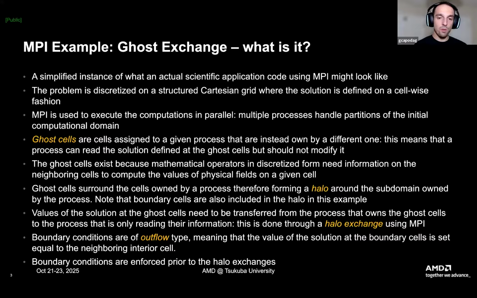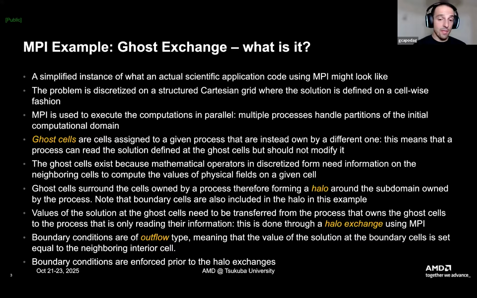Therefore, when we do a parallel run, we have what are normally called ghost cells. These are cells that belong to a different process that a certain process can read. So for a given process that owns a cell at the boundary, the ghost cells are the ones that surround the boundary, so that information can be read to advance the solution.